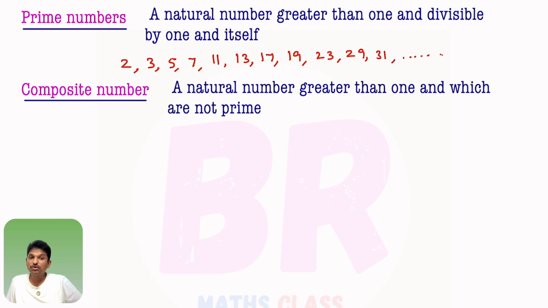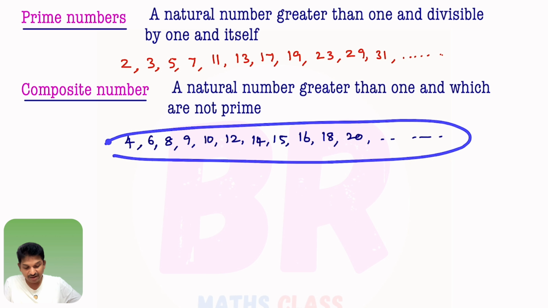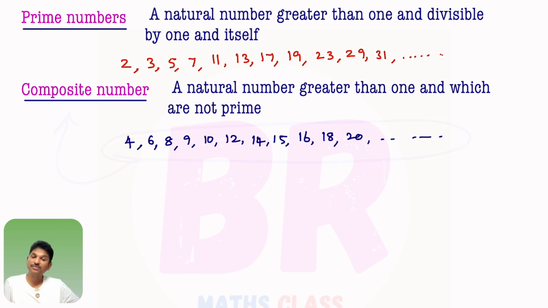No, because a composite number must be greater than 1. 2 is a prime number and 3 is a prime number, so the least composite number is 4. Examples of composite numbers: 4, 6, 8, 9, 10, 12, 14, 15, 16, 18, 20, and so on.